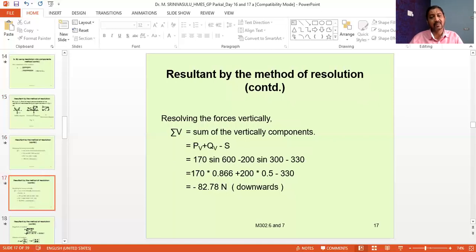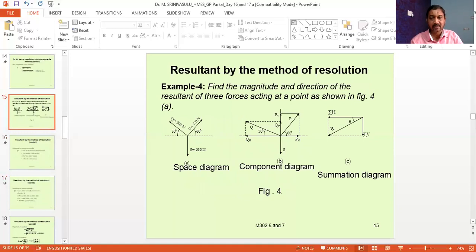Here for PV, PV means P into sin 60. That is the vertical component of the force P, and that is positive. And for the force Q, Q into sin 30 is also acting upwards, so it is also positive.